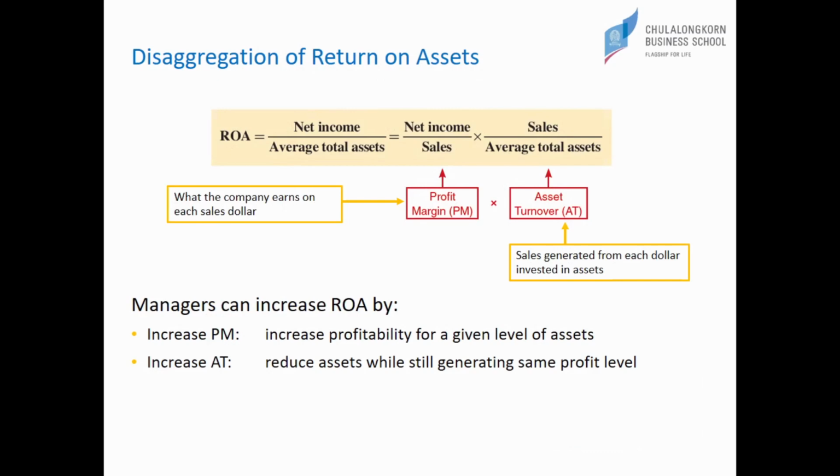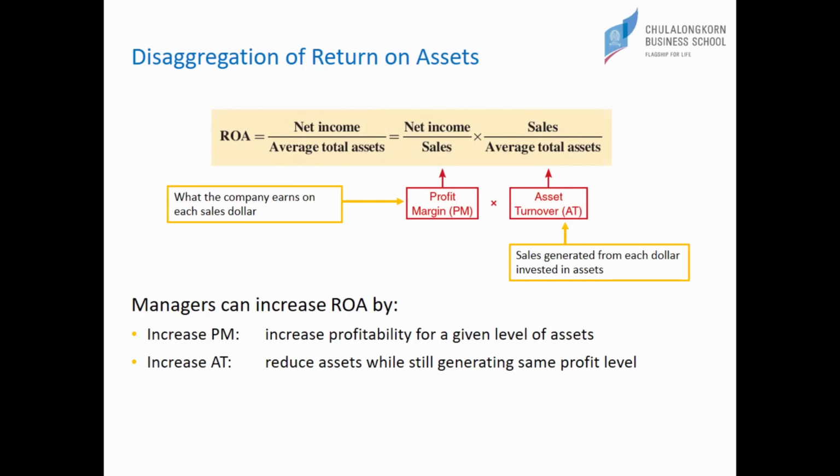And this asset turnover is sales divided by total assets. So it's the sales that's generated per unit of asset that the company has. Also for this one, of course, the company would want it to increase and stay high.